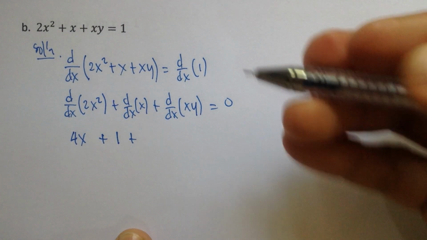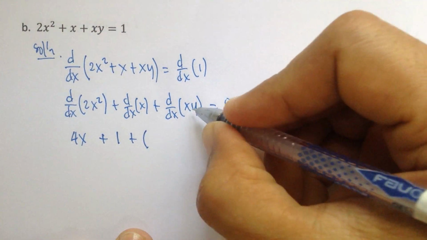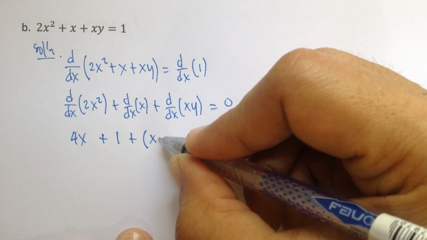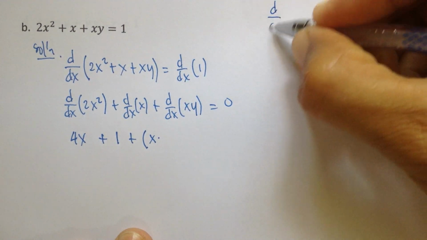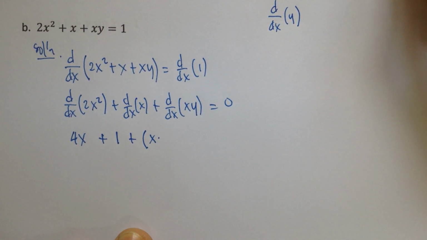So we're going to apply that here. So that means that we'll have x, the first, times the derivative of y.